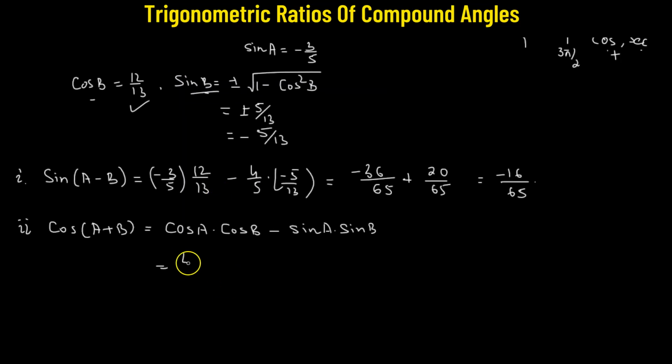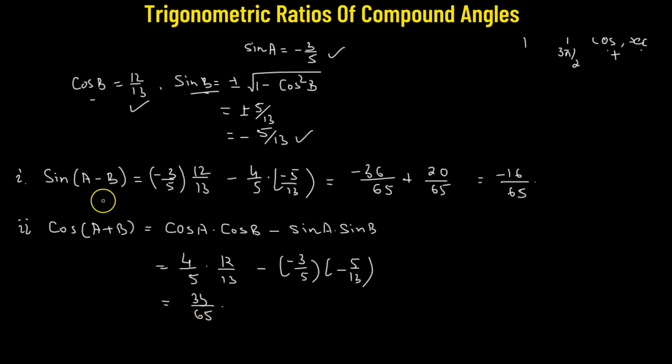So we have 4/5 multiplied by cosine B, that's 12/13. Minus sine A, so we have obtained the value of sine A as negative 3/5, and sine B came out to be negative 5/13. So solving this is very simple arithmetic. Solving this value, we're going to get positive 33/65. So we have successfully found out the value of sine A minus B as well as cosine of A plus B.